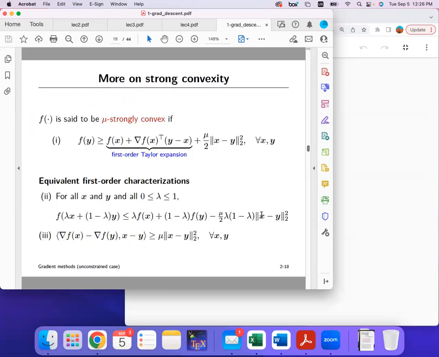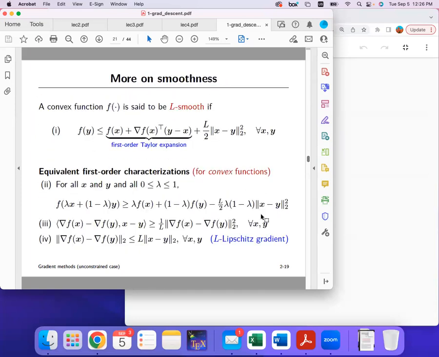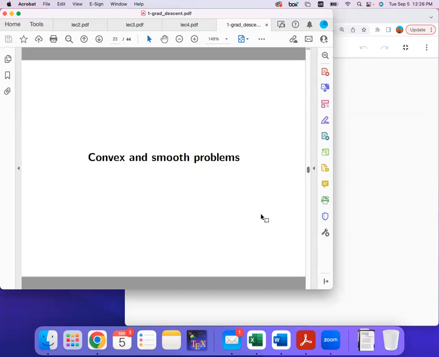But in many cases, the strongly convex condition may not hold.